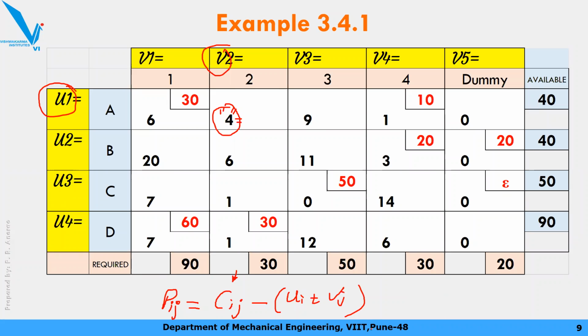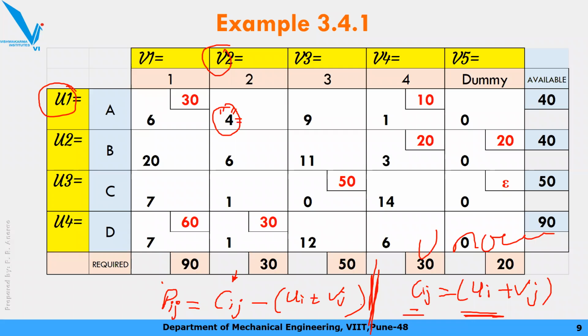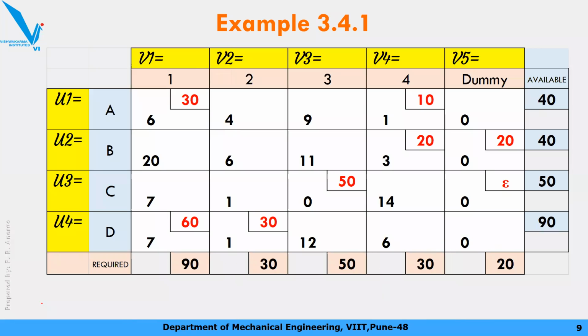Now see, for allocated cell, Cij will be equal to Ui plus Vj. ठीक है। पेनल्टी क्या है, इन दोनों का difference is the penalty, but you calculate the penalty for unoccupied. ठीक है। So ये तो फॉर्मूला theoretically मैंने explain किया। Let's do actual calculation.